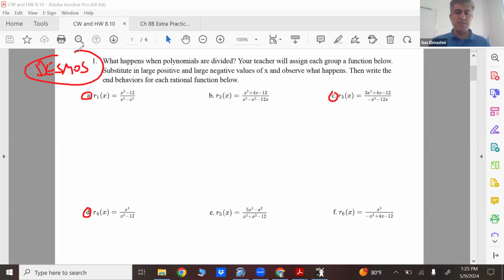Okay, so substitute large positive and negative values. Let's use Desmos and observe what happens, and then write the end behavior. So in general, we're going to write the end behavior like this. I'm going to do a text box. It'll be much easier.